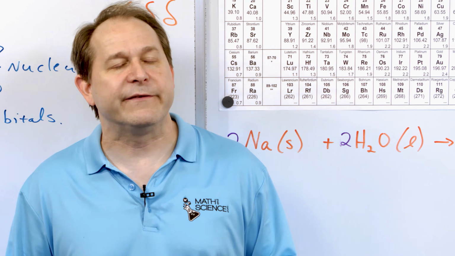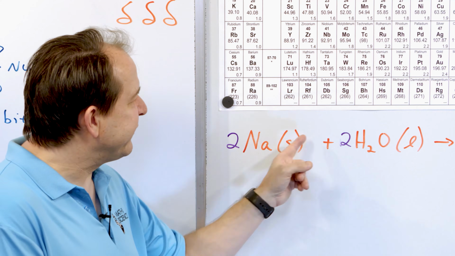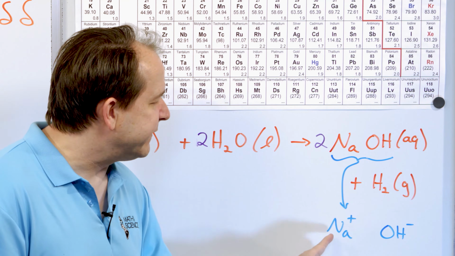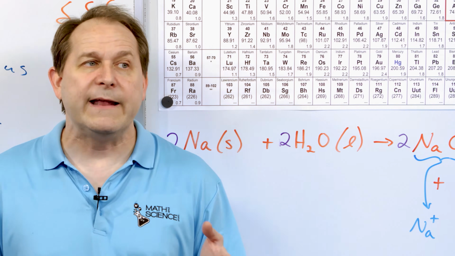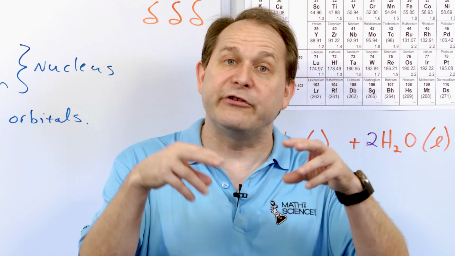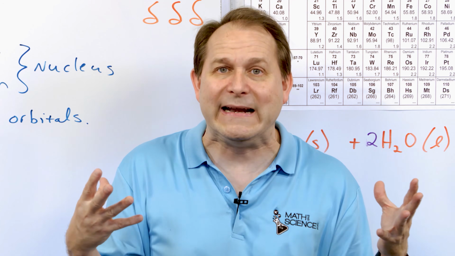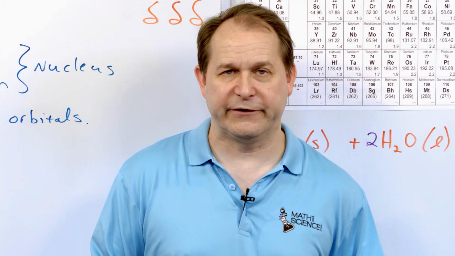But the leading theory as to why it actually explodes after a while is because notice that when we put the sodium in, it makes the sodium ions in the water solution. And the sodium ions are all positively charged. And if you get enough sodium ions in water, then they're going to repel each other violently and then cause an explosion to happen.